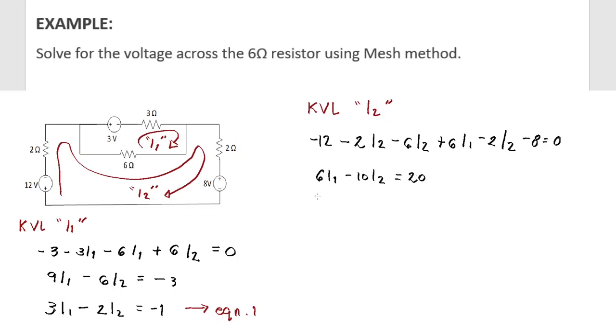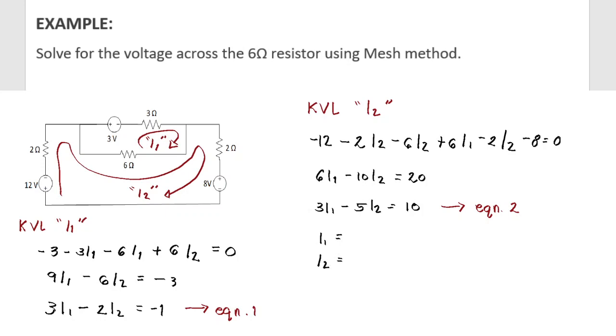Divide both sides by 2. We will have 3i1 minus 5i2 equals 10. This will be our equation 2. Simultaneous equations, 2 unknowns, 2 equations by calculator. We will end up with I1 equal to, and I2 equal to.